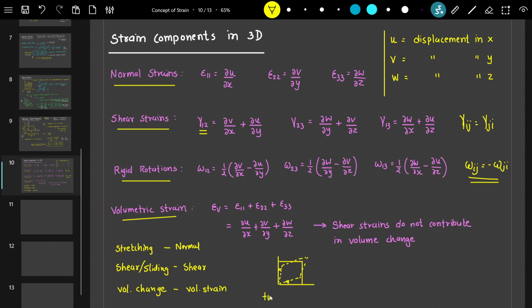So positive shear strain results in reduction or decrease in angle, whereas if shear strain is something like this, or increase in angle, this is negative shear strain.